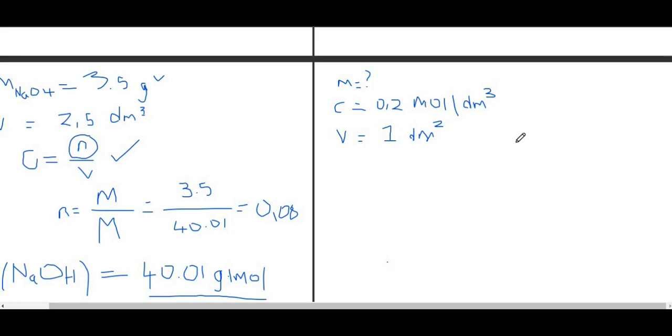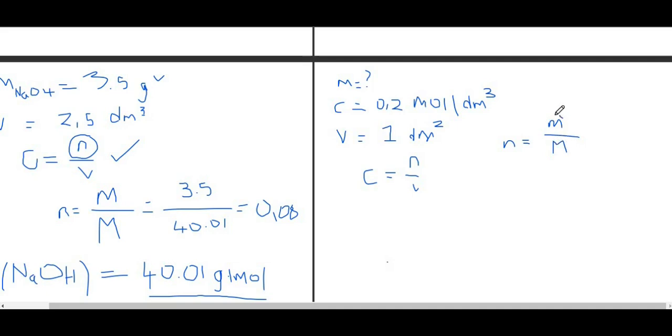If you remember, we have two equations that we will be using. We have the equation for concentration, which is the number of moles per volume. We also have another formula for the number of moles, which is the mass of whatever substance divided by the molar mass of that substance.